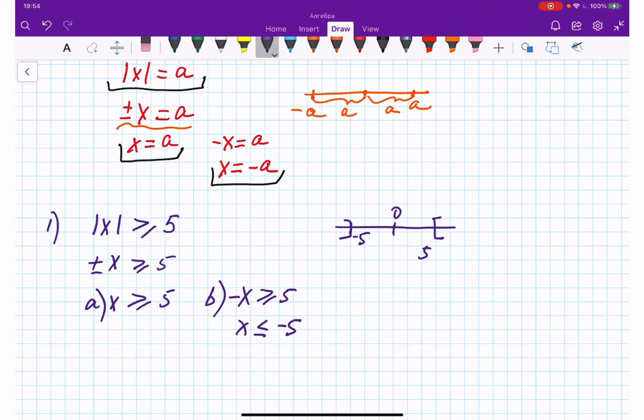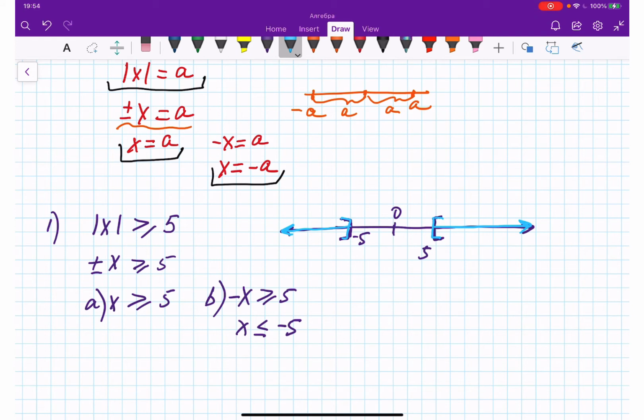We have x greater equal, because it's equal, that's why I put square brackets. Square brackets always include the number also, and it's greater than. Okay, and negative 5 is also square brackets because equal sign, and it goes less than. So our solution is this and this.